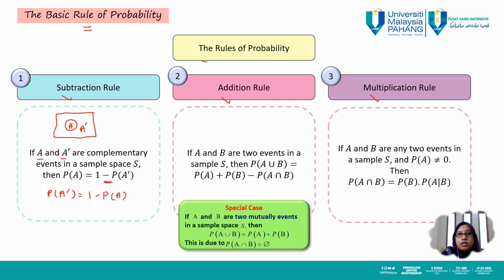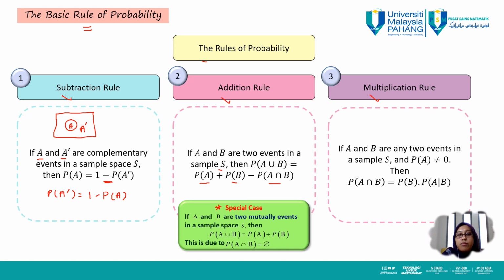Okay, the second one, addition rule. If A and B are two events in a sample space S, then probability A union B is equal to probability A plus probability B minus probability A intersect with B. And we have a special case here.